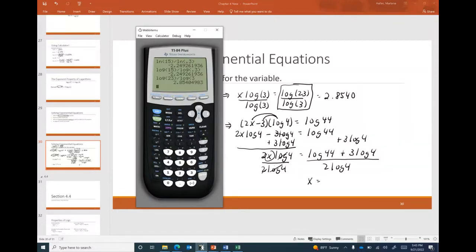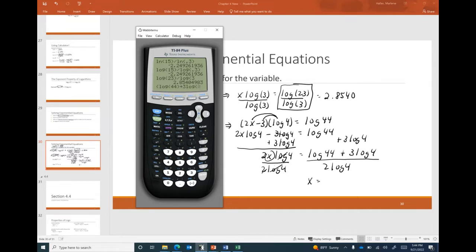All right, so my numerator is log 44. Let's put parentheses around the numerator because the calculator is stupid and it won't know to evaluate that full numerator before dividing by the denominator unless I put parentheses around it. So we're using common log again. So we're going to say the log 44. Let's close that parenthesis. Plus 3 times the log, and my calculator will be okay if I just say 3 log.